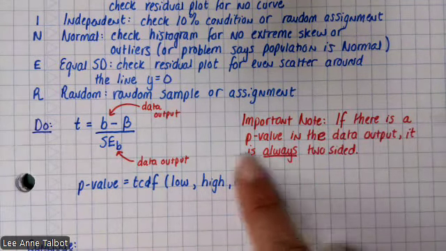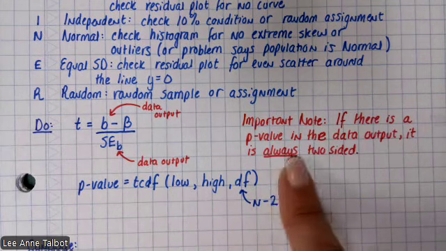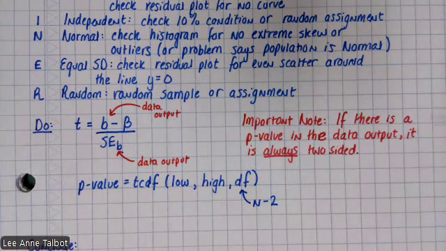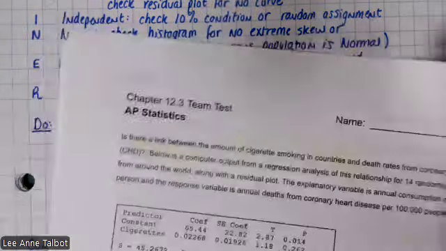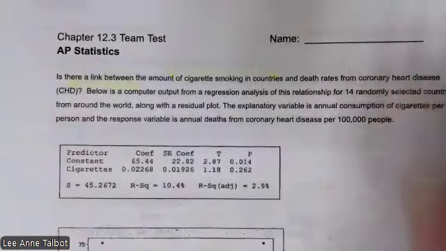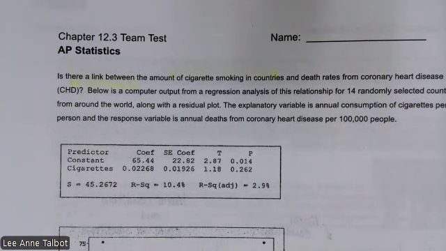If there is a p-value, the data output is always two-sided. What I'd like to do is pause real quick and show you what I mean on the team test. You guys are going to do the team test on Thursday. Here is your regression output for this first problem. But there are some numbers on here that we use and some numbers that we don't.